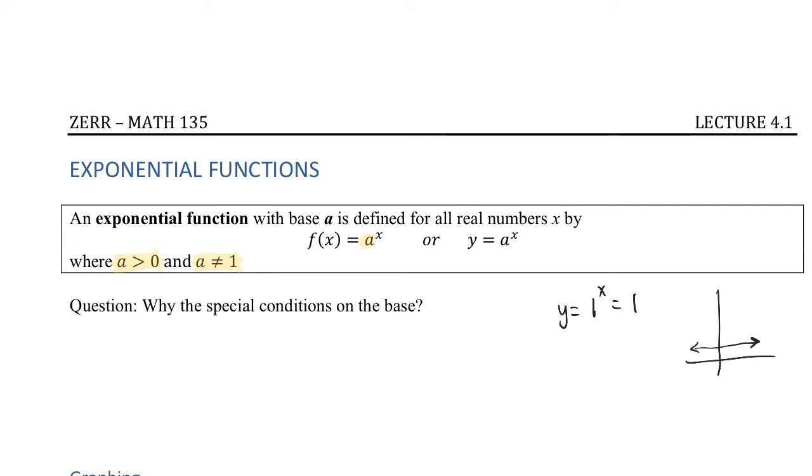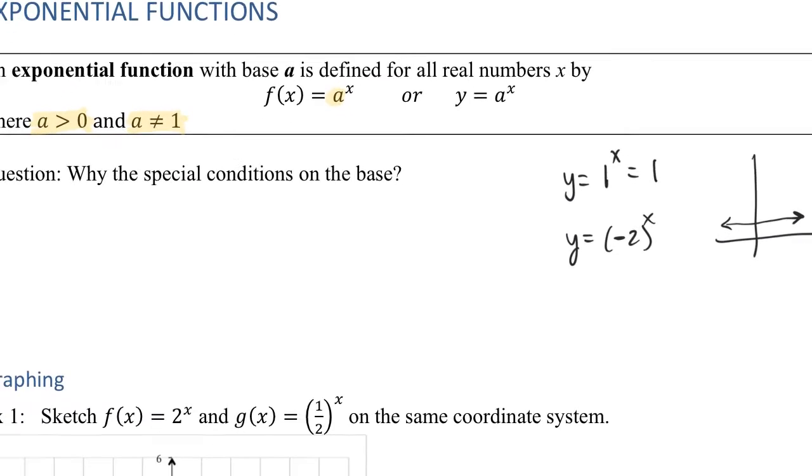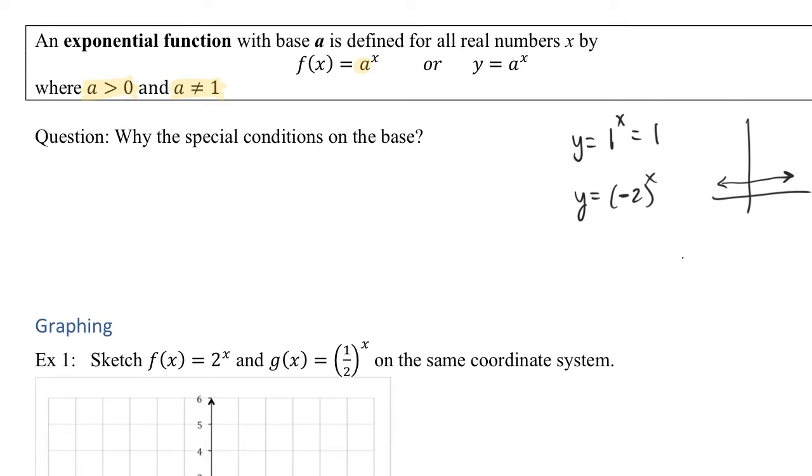And then also, if we let our base be negative, there just end up being kind of strange situations. If we tried to graph this, and let's say our x is 1/5, we could take the 5th root of -2, and that's about -1.15.